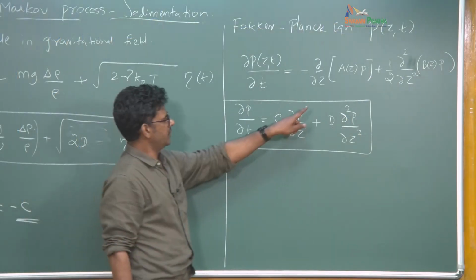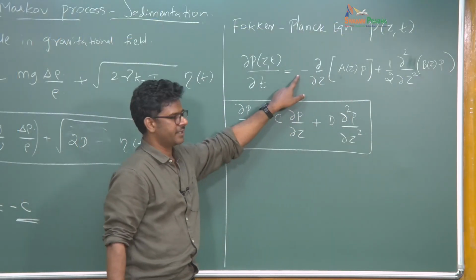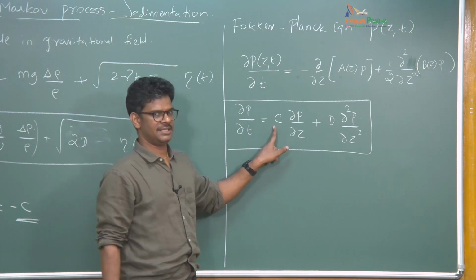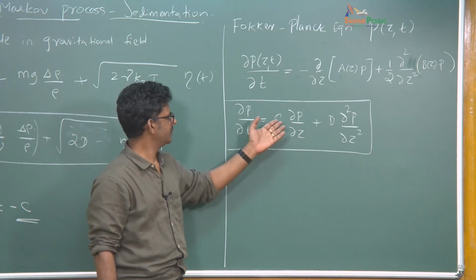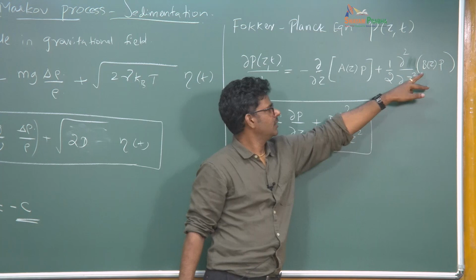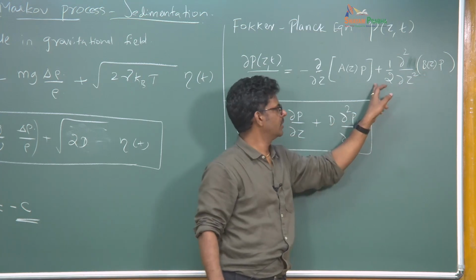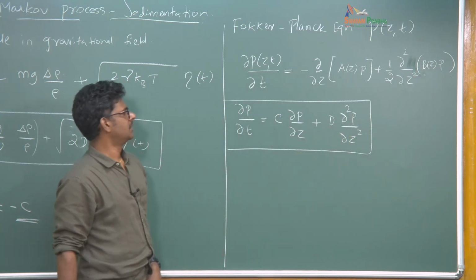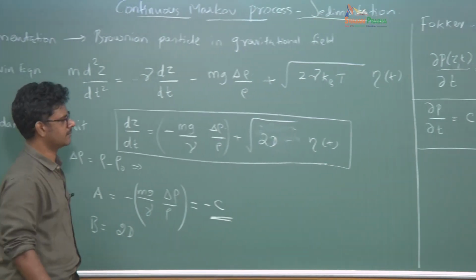Once you substitute A equal to minus C, there is already another minus, so it becomes plus C here. C is a constant, so it comes out of the differential, and here you substitute B equal to 2D, the 2 gets cancelled, and you get D times this.